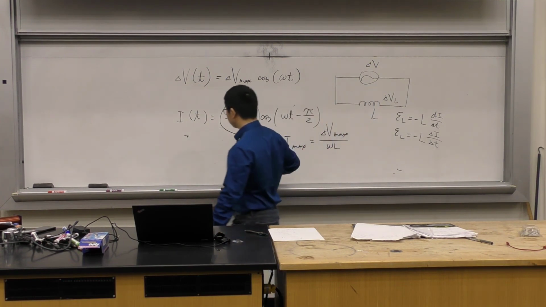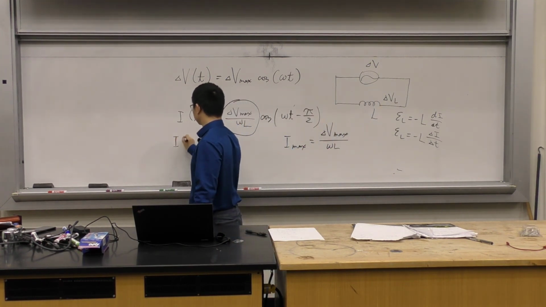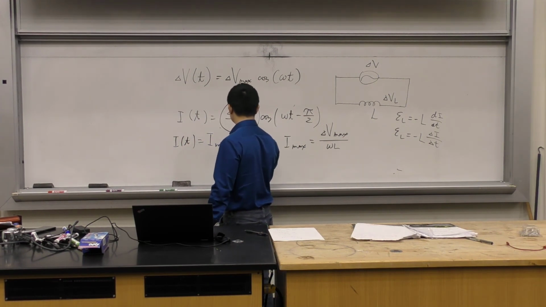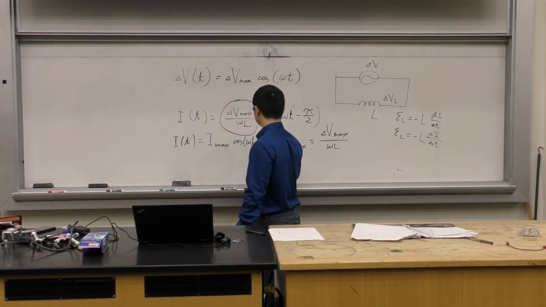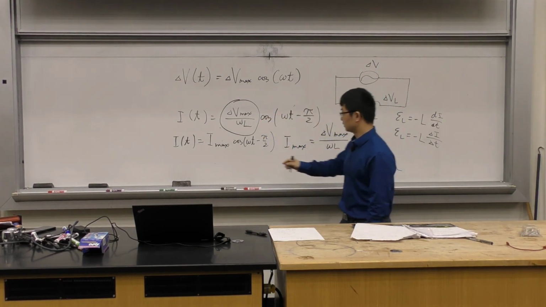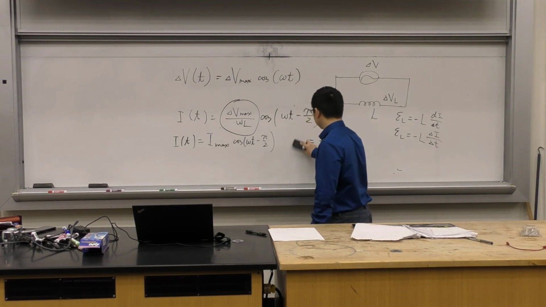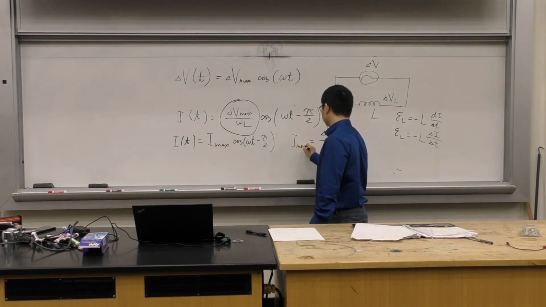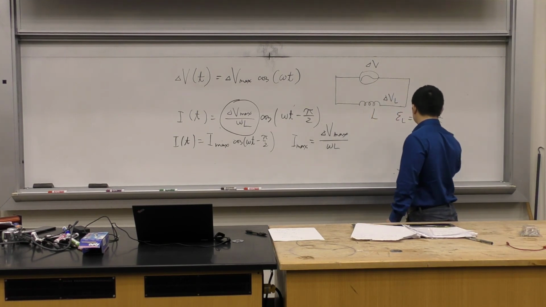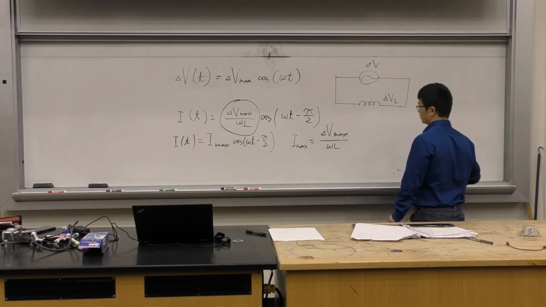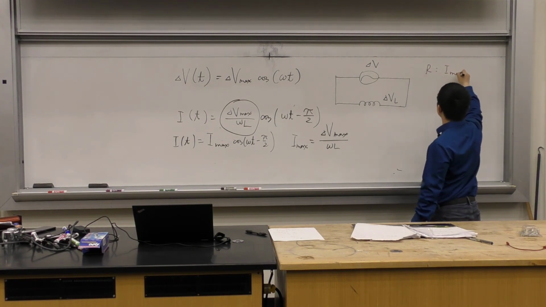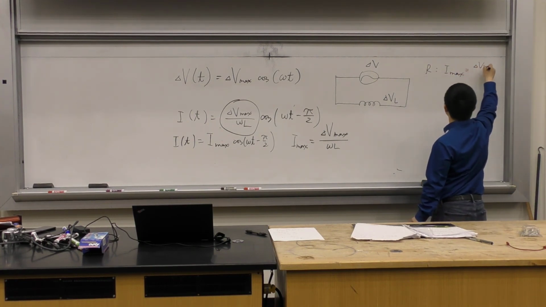And then I can write this current in a nicer form, a maximum value times cosine function, with I max defined as this. Then if you compare this equation with the I max equation we get for a resistor, the I max for a resistor is V max over R.